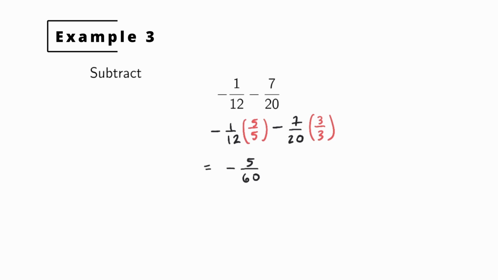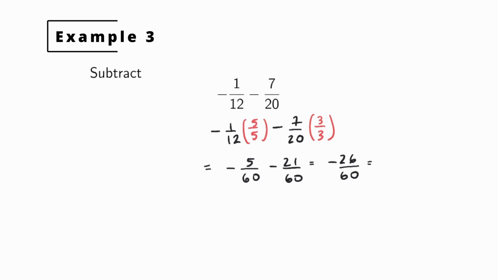All right, if we do this, we end up with -5 over 60 minus 21 over 60. And so -5 minus 21 is -26 over 60. And now there's a common factor of 2 between 26 and 60.